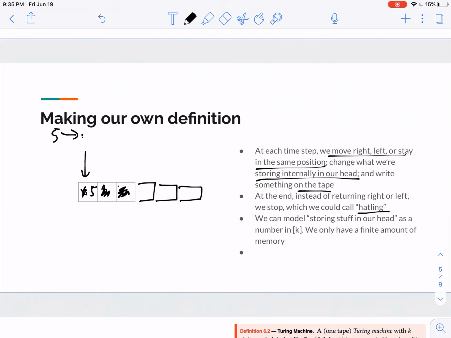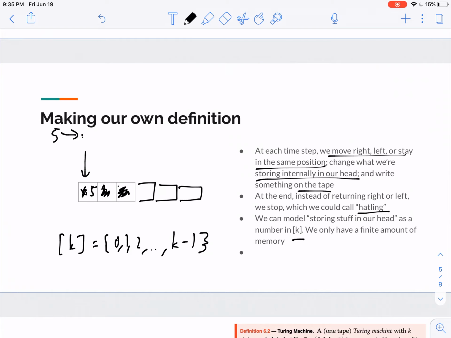And as we discussed a little bit, we can model storing stuff in our head as some number k. And when we put any natural number in these hard brackets, what we mean is the set, shorthand for the set 0, 1, 2, all the way up to k minus 1. So just the set of k different numbers.